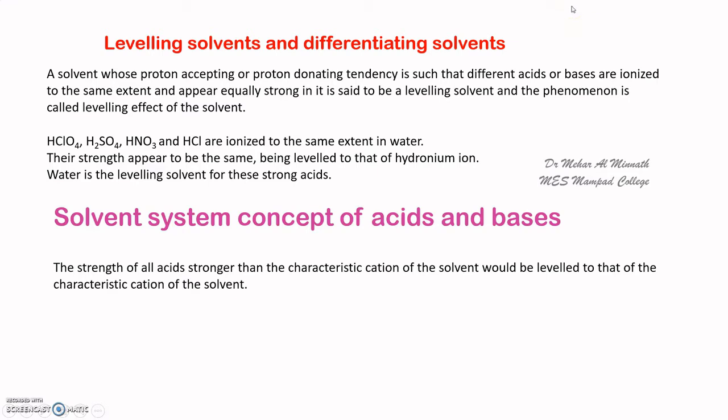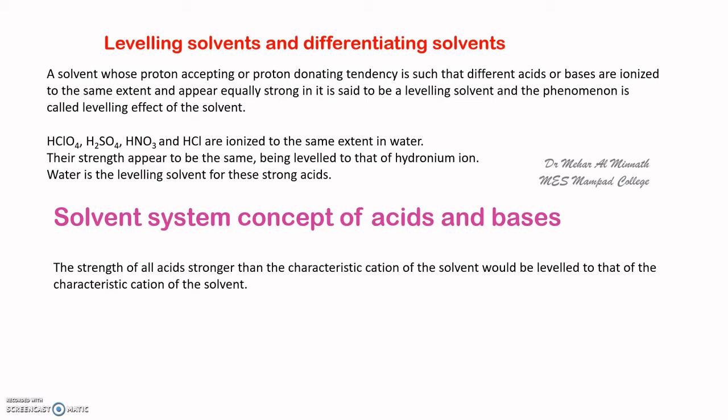And suppose the strength of the acid is higher than that of the cation of the solvent, their strength will be leveled to that of the cation. The strength of all those acids will be brought on par with the strength of the cation.